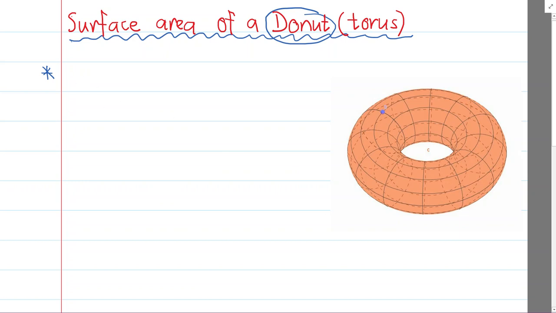So you can see this is the donut, or torus. First of all, we need to find the equation of the torus. There are two methods to describe the torus.